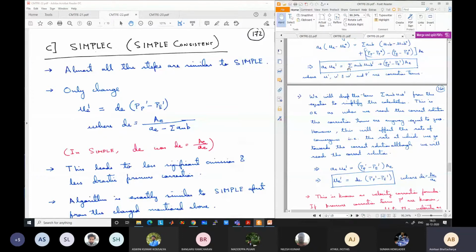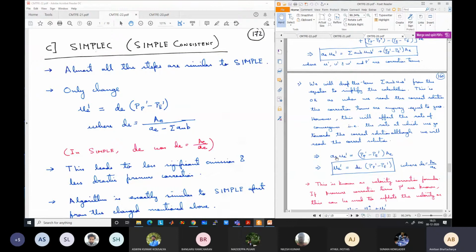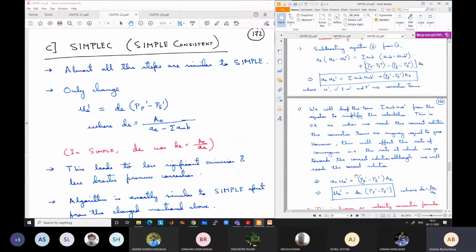Why? Because it is supposed that the correction velocities will be at least of a similar order of magnitude. Although it is not exact, uE dash will be somewhat similar to its neighboring dash velocities. So if we write like this, we can write the same equation as the bottom equation, uE dash equal to d(pP dash minus pE dash), where d is defined as follows.